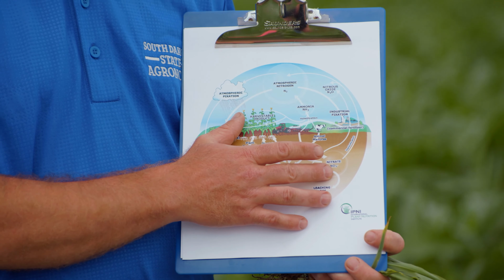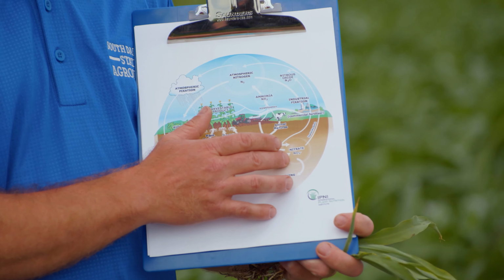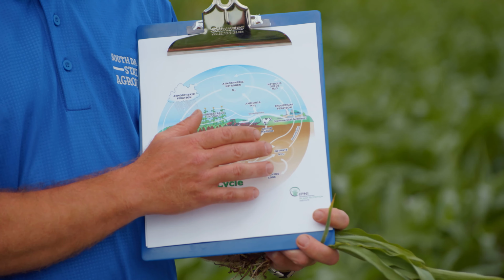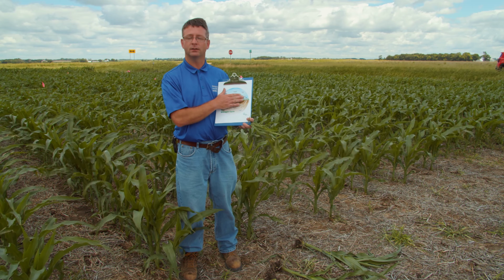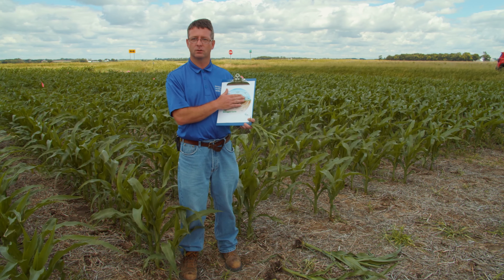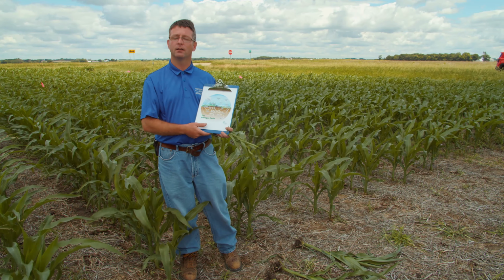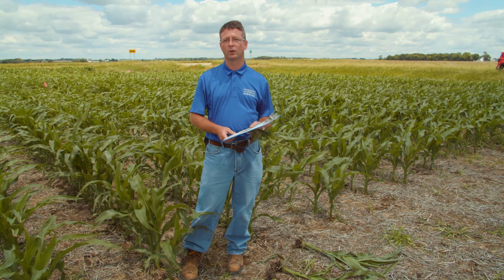And this is what we really want to avoid, converting that fertilizer into a nitrate form early, because if we have wet conditions, that nitrate can leach towards the groundwater, or if we have too much water, it can also go through the denitrification process, which can lose the available nitrogen for the corn that we are growing.